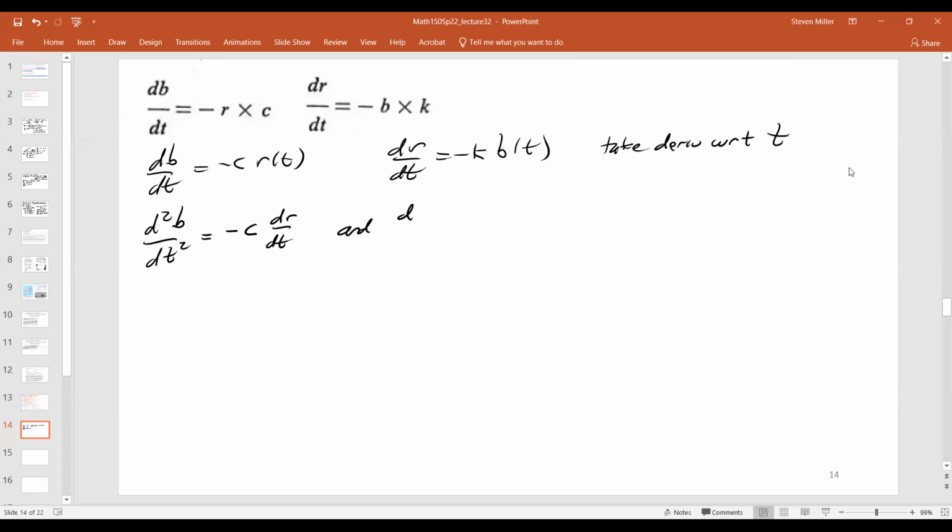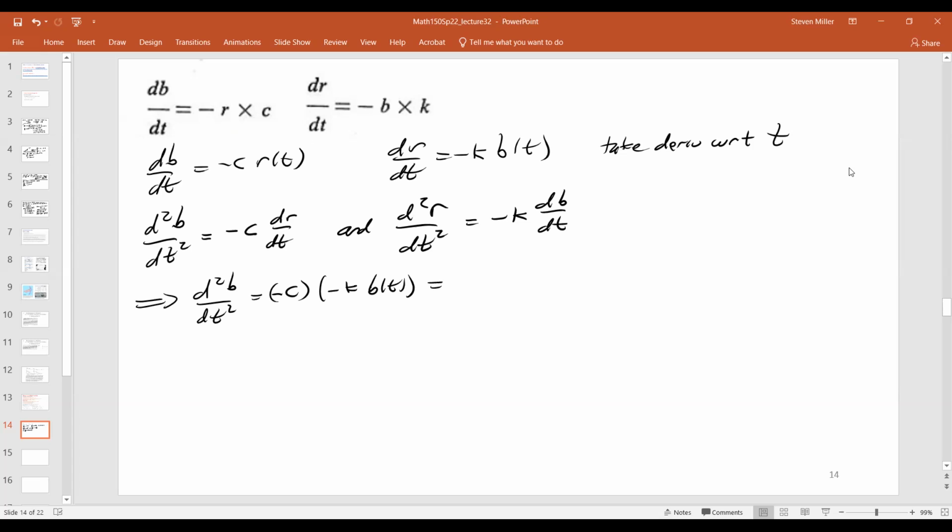And d squared r dt squared is minus k db/dt. Okay, well, oh, I know what dr/dt is. It's minus k b(t). So I get d squared b dt squared is minus c times minus k b(t), which is equal to ck b(t).